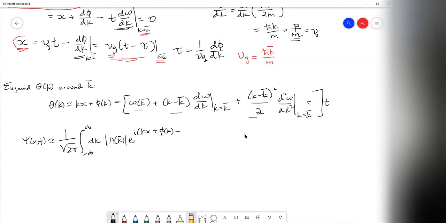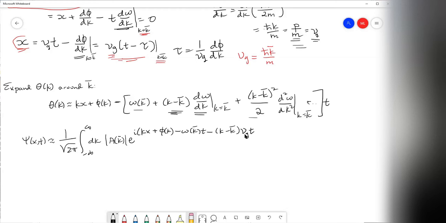So the first term is minus omega of k bar t. The next term is minus k bar. What's d omega dk? d omega dk is vg. So it's this velocity times time.